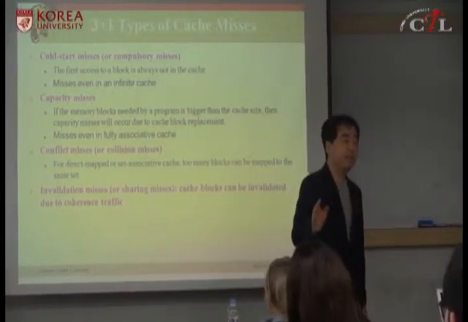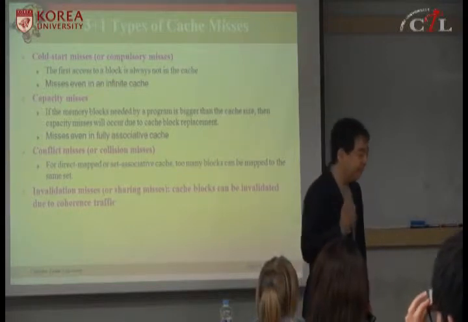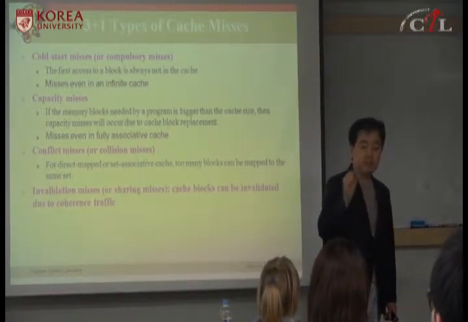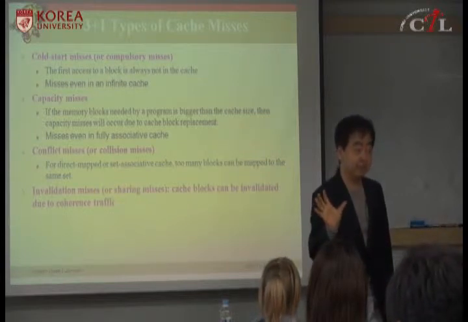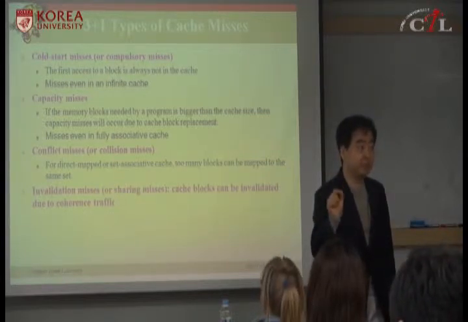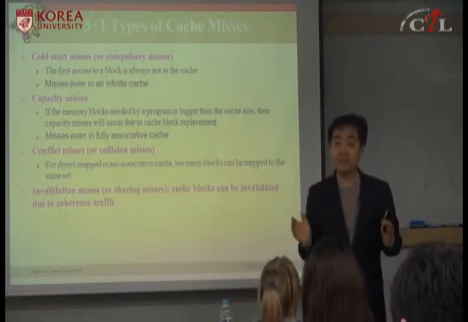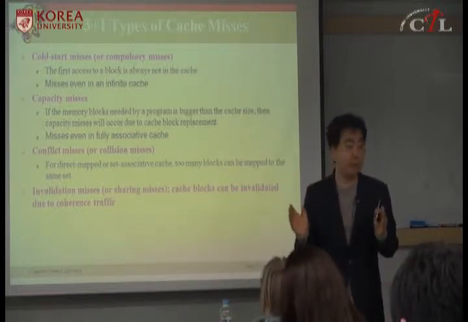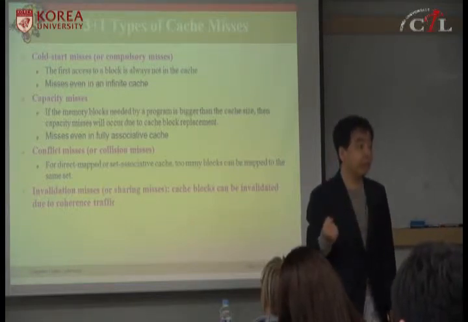So if you access the cache, you always miss. By definition, if this is the first access to some memory block, then it will always miss the cache, because you have never referenced that block before. So you have to bring the block from memory.